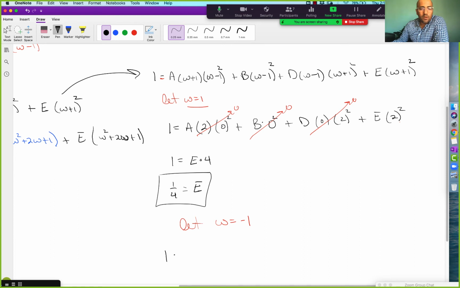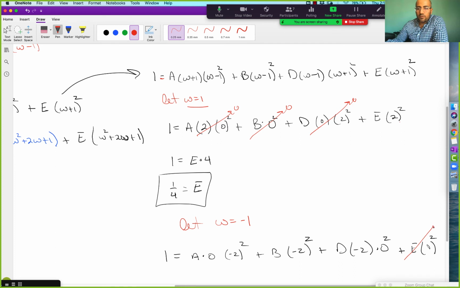We end up with 1 equals A times 0 times (-2) squared, plus B times (-2) squared, plus D times (-2) times 0 squared, plus E times 0 squared.